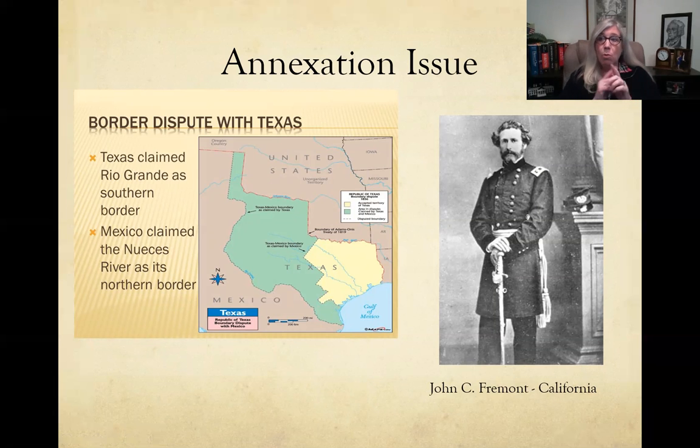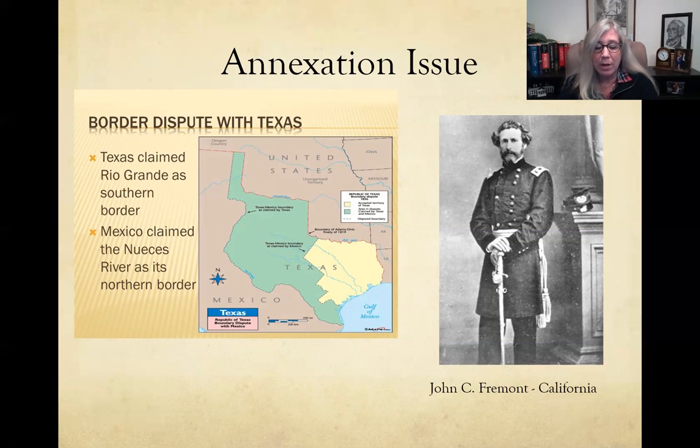All right, now let's think about what's happening here. Polk is wanting to annex Texas. He also is worried that if we don't annex Texas, there is already rumbling that Great Britain might annex Texas for itself.